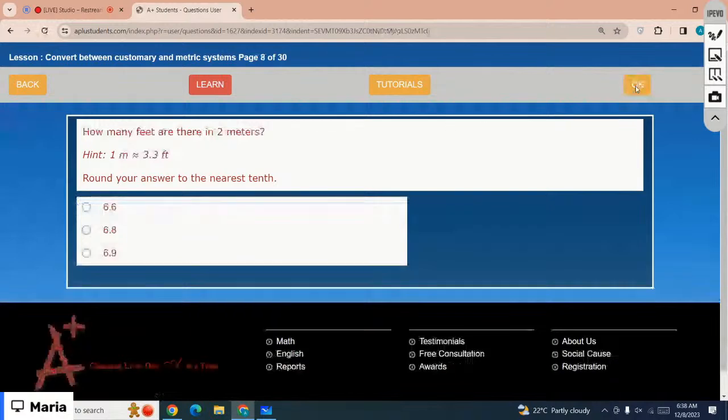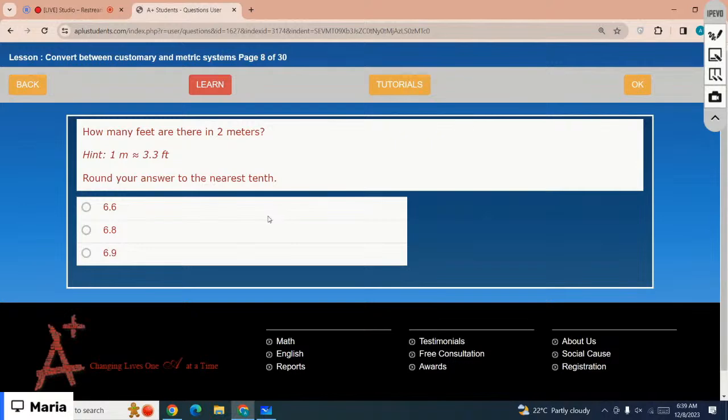How many feet are there in 2 meters? Which is the correct option? The correct option is 6.6.